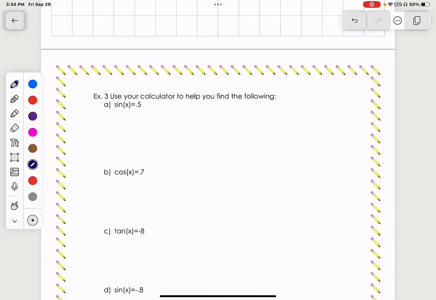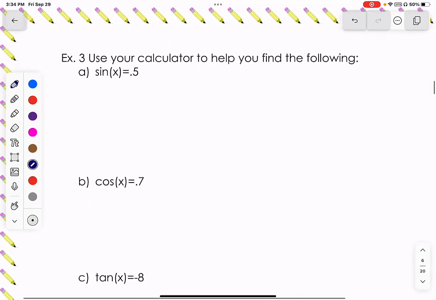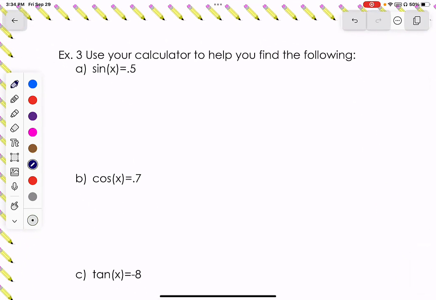One of the things we can do is use our calculators to help us with these. These types of problems will give us two angles for our solution, because again, it's not really the inverse sine function I'm asking for. I'm asking for all angles that have a sine, in this case, of 0.5. So let's go ahead and try this. If we plug it into our calculator, the inverse sine function of 0.5, it's going to give us 30 degrees.